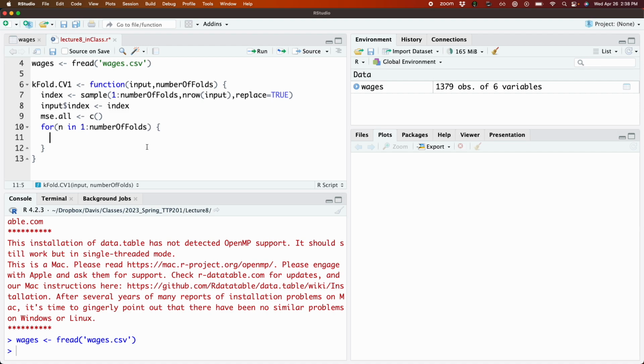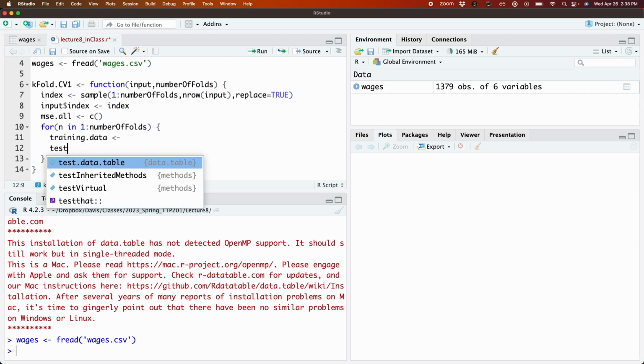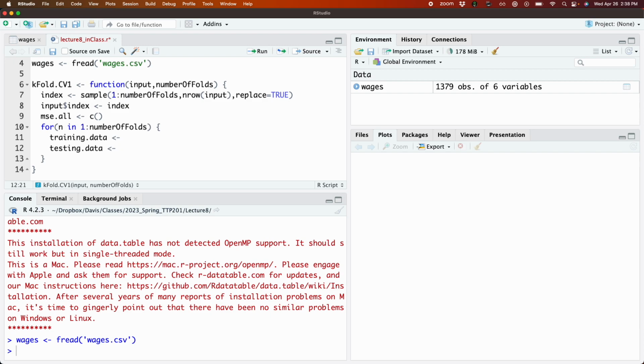If we think about those boxes that I drew from my full data going to training and testing data, we need to define some training data, and we also need to define some testing data. So how would I do that? You can tell me in English, it doesn't have to be in code.